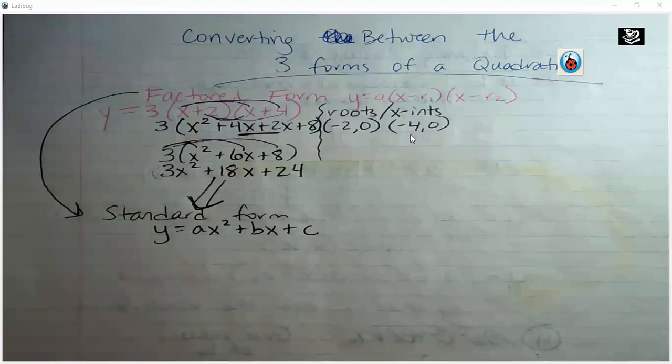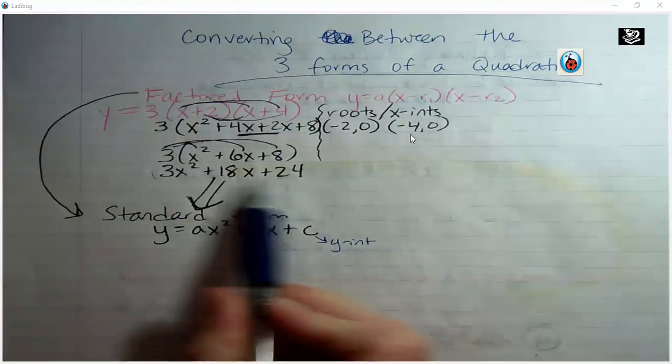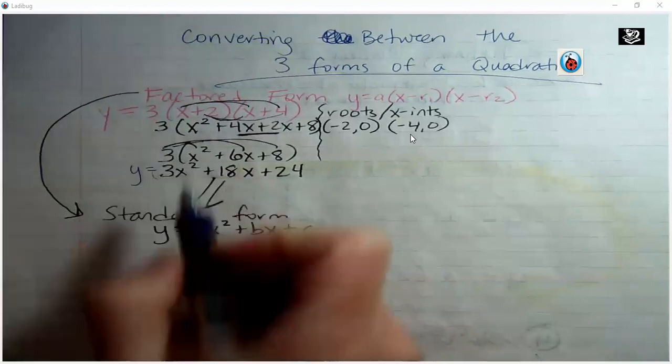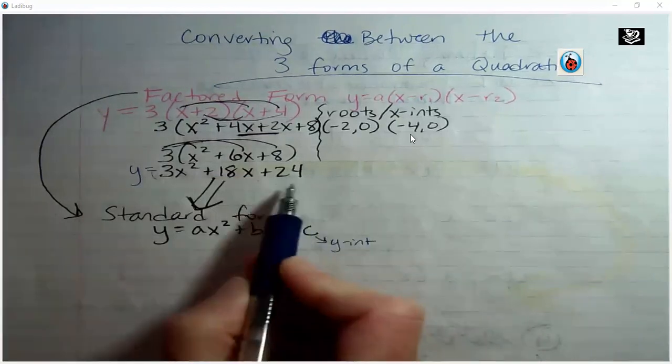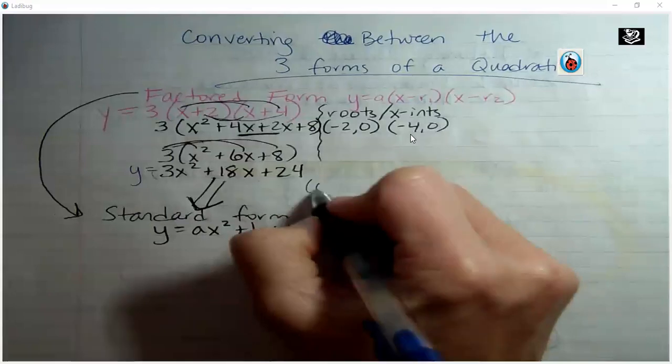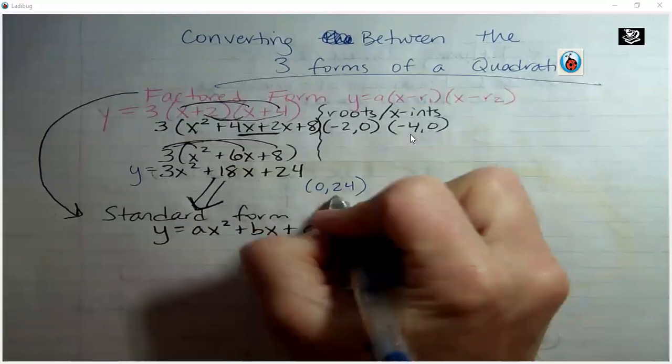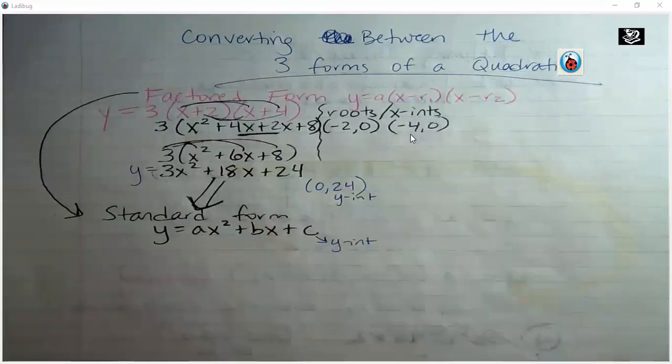C is your y-intercept. So if we look at what we have right here, what's my y-intercept of this one? 24. Very good. And we're going to write it as an ordered pair. So the y-intercept would be 0, 24.